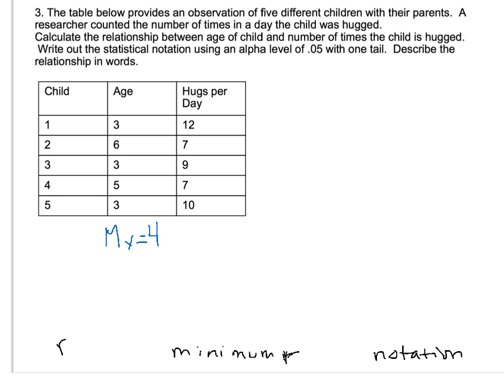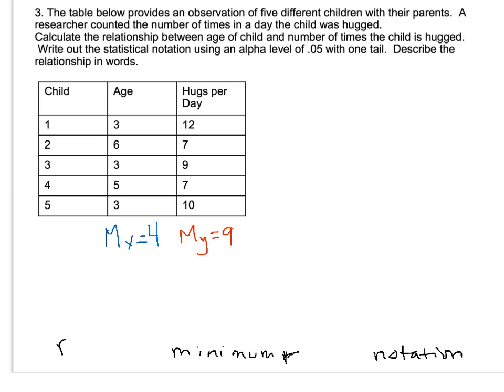So the average age of these 5 kids is 4. Then what I'm going to do is go down my hugs column and come up with MY. And MY, when I add the 5 numbers there and divide them by 5, I should come up with 9.